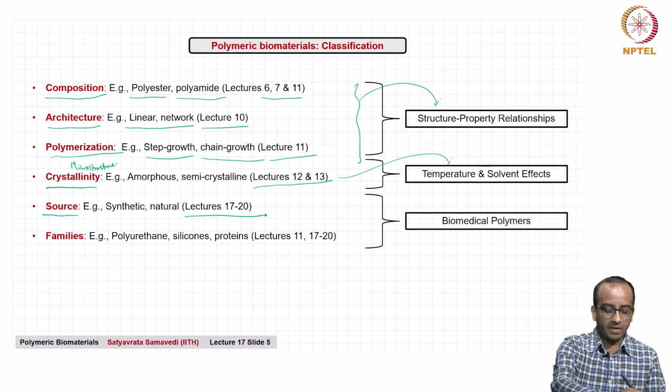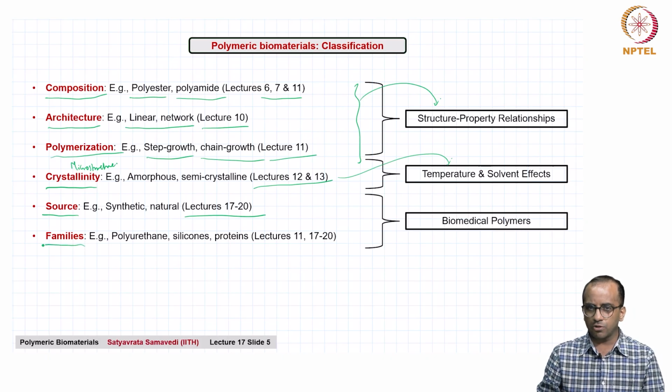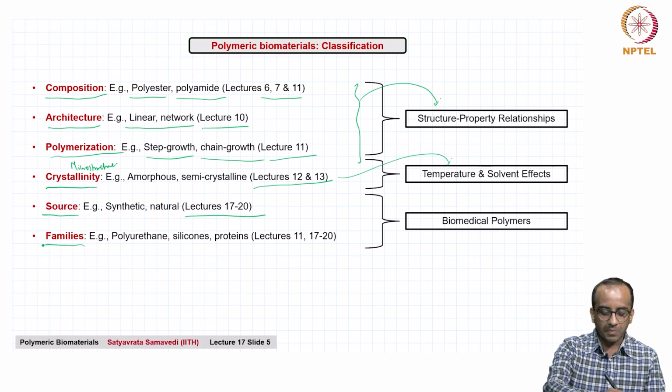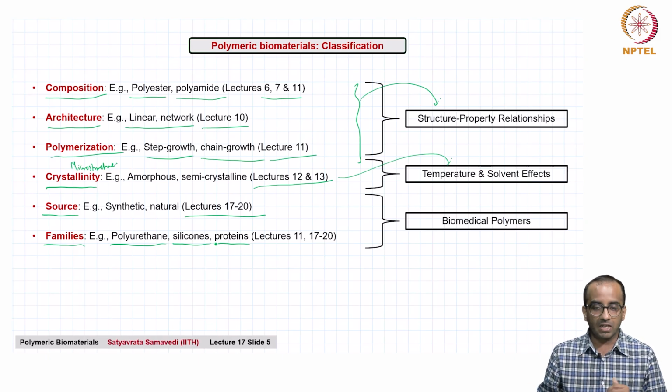You can also classify polymers based on families, which we briefly alluded to at the beginning of this lecture, based on polyurethane, silicone, protein, based on what type of composition goes into them, and broadly what features are common to the structures of these polymers across different polymers within a given family.